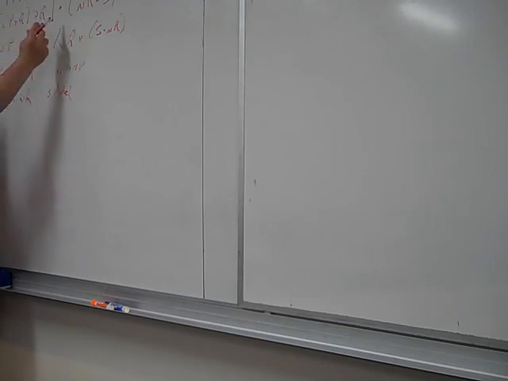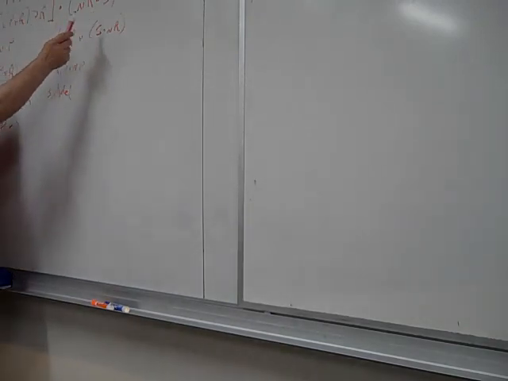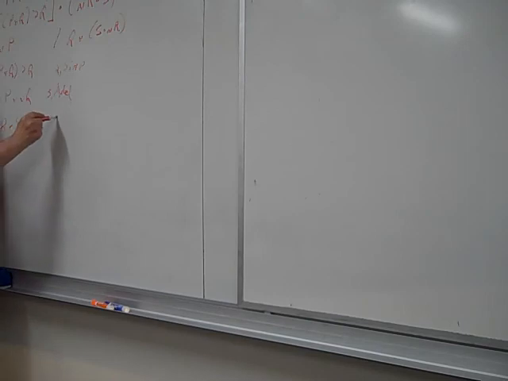With this and this, we end up with Q or S. Right, because the P or Q gives us this part, and the not R gives us that part. So we end up with Q or S, constructive dilemma, from lines 1 and 2. So Q or S.